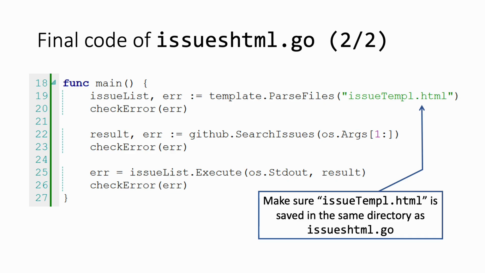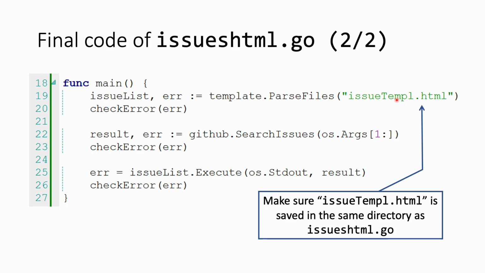The second part of the issuesHTML.go program just has the main function. And in the main function, we have the code for parsing the HTML template, but here we just call the function ParseFiles of the html/template package and pass the HTML file that contains the HTML template.